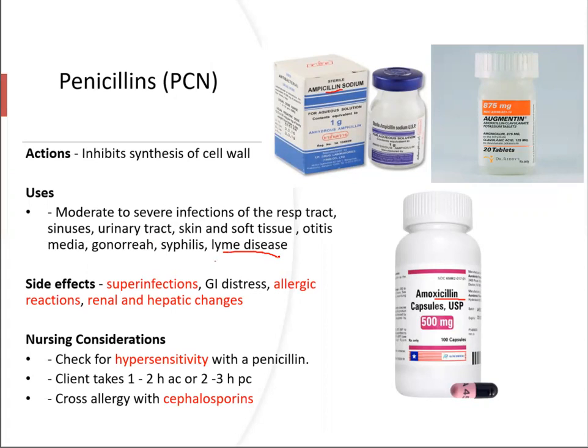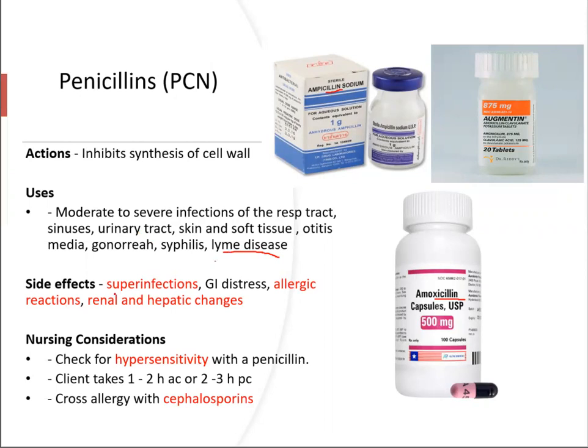What you see in your clients is usually a bull's eye pattern rash and flu-like symptoms. You also see joint pain and weakness in the limbs. So again, for Lyme disease, you see the bull's eye pattern rash, flu-like symptoms, and then joint pain and weakness.